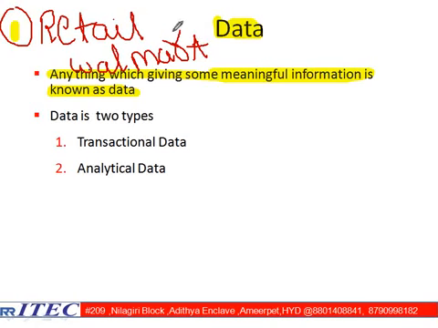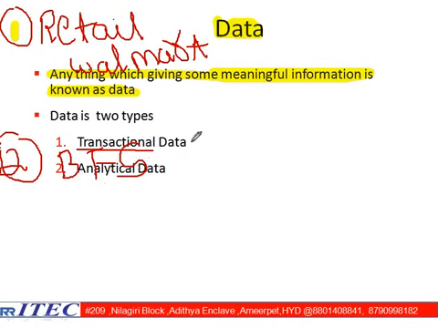So anyhow, what I would like to say is, as a customer, you are interacting with the business. Whenever you are interacting with the business, at that moment some data is generating. That data is called as one type of data that is known as what, sir? Transactional data. Next, number two, the next kind of business I'm taking is banking and finance and service business.